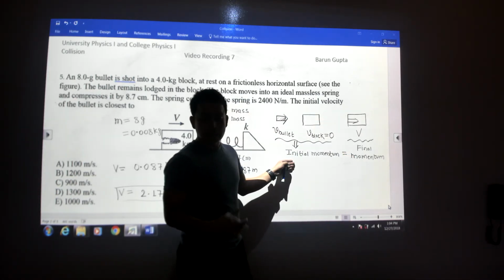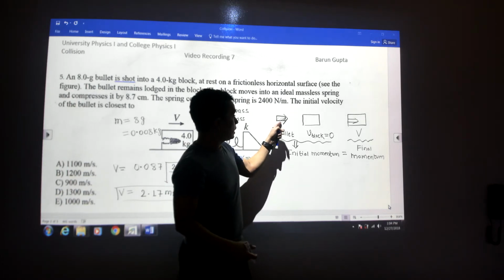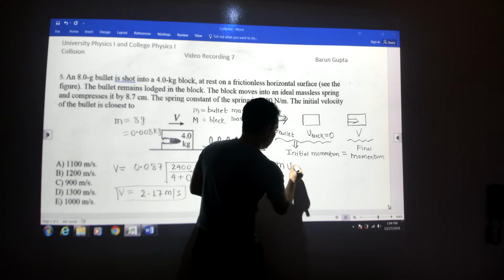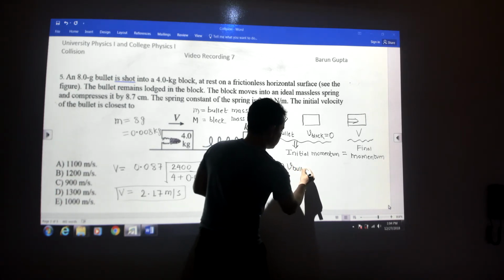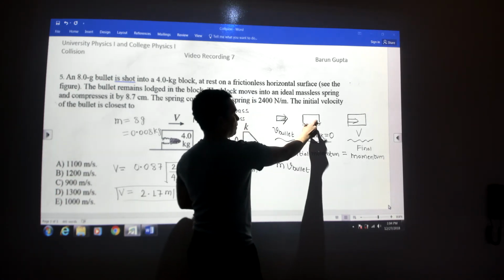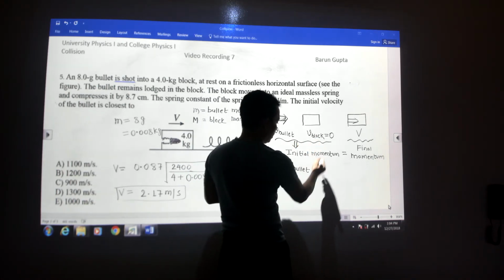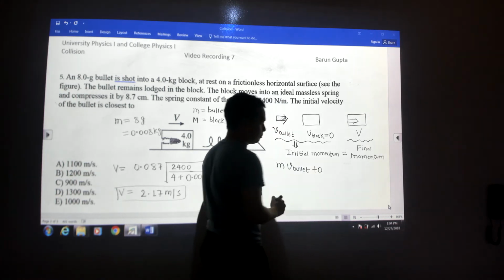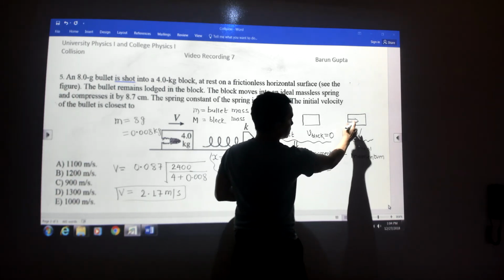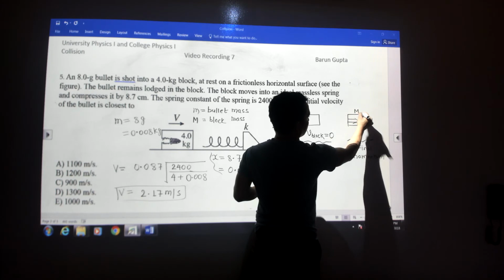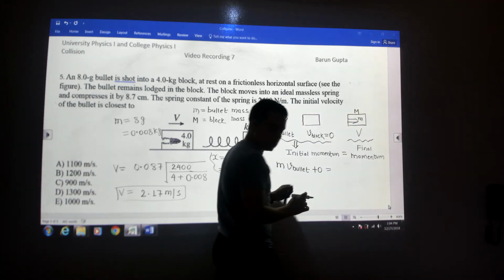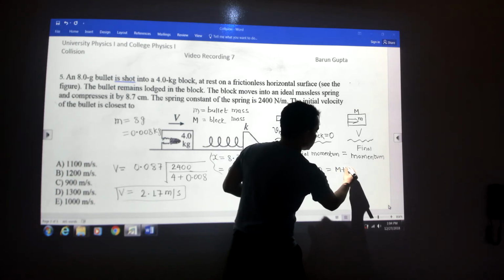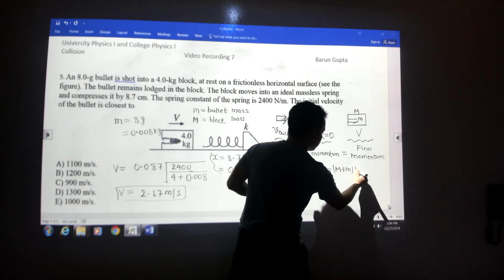The momentum is mass times velocity. So the mass of the bullet, which is m, and the velocity is v bullet. The mass of the block, but its velocity is 0, so the initial momentum of the block is 0. And the final has both masses, the mass of the block plus the mass of the bullet, because they are together. So the total mass is m plus M, and the velocity is v.